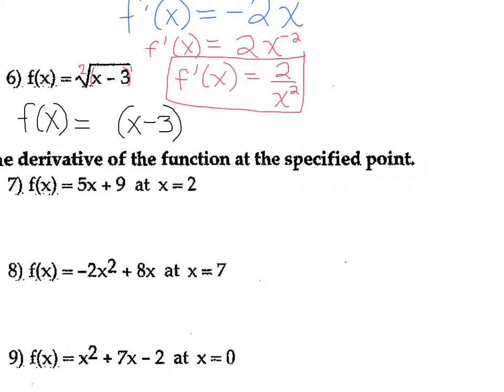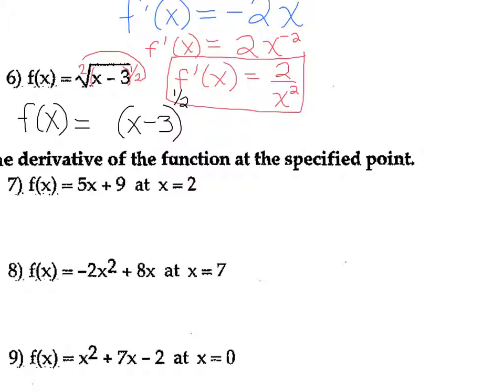So what happens with radicals when you rewrite it from radical form to exponential form? Remember that you bring this to the bottom. It becomes 1/2. So it's going to be x minus 3 raised to the 1/2. And that 1/2 is just representing the radical that you have on the problem.